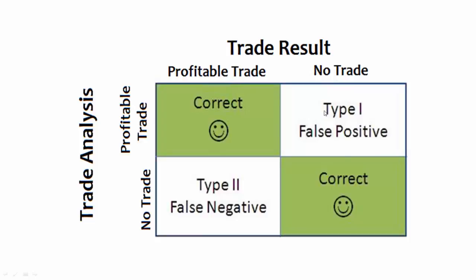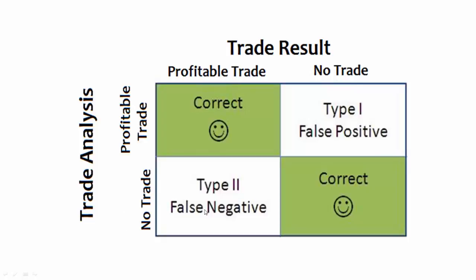If you like the high win rate, then you're going to fall into this category where you're trying to avoid taking trades that end up not working out. That's a type 1 error. When you take a trade and it doesn't work out. The other type of error, the type 2, is when you miss out on opportunities. There actually was a profitable trade available, but your system missed it or basically said, no, it wasn't good enough.